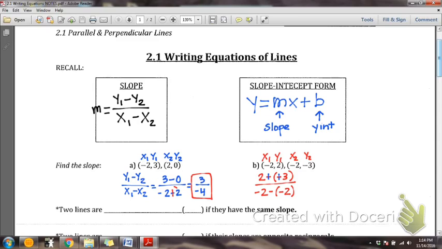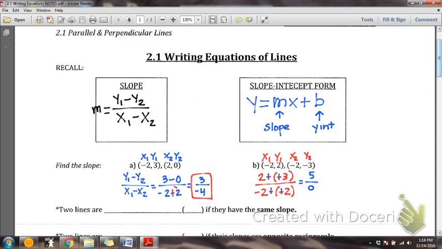So on the top, I really have 2 plus 3, which is 5. And then in the denominator, again, I have two negative signs beside each other, so they both become positive. Negative 2 plus 2, 0. Excellent.